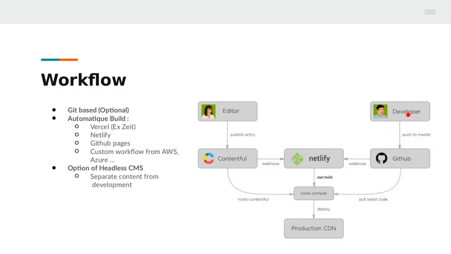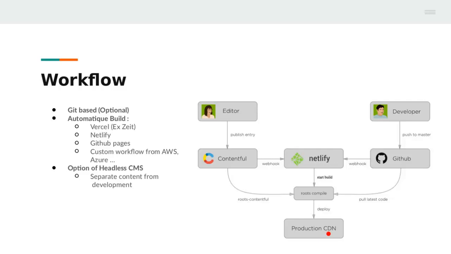In this schema, the developer is pushing code to GitHub, and the editor is pushing to Contentful. These two parts are merged in Netlify. Netlify is your automatic build service here, and it compiles your code and pushes it to the CDN.